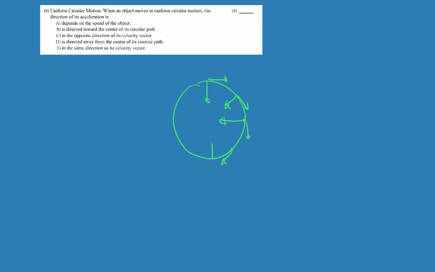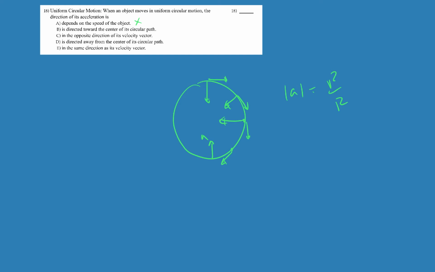The acceleration is always to the center, and the magnitude of the acceleration is v squared divided by r. Does the direction of the acceleration depend on the speed of the object? The speed is not changing, so this is not a good answer.